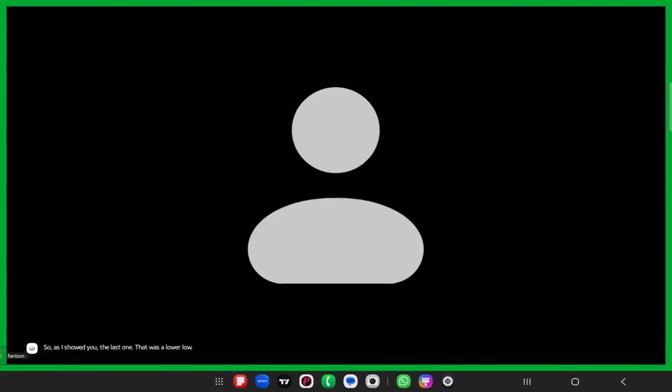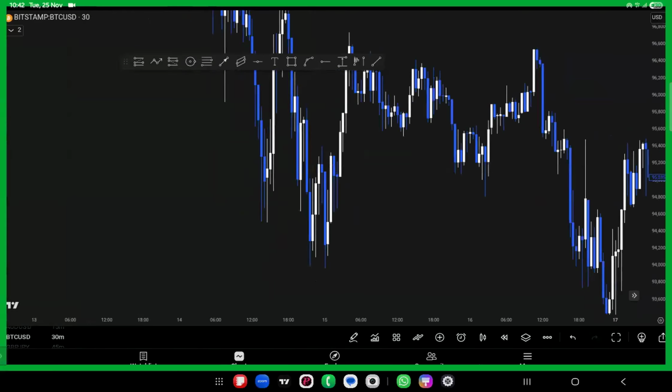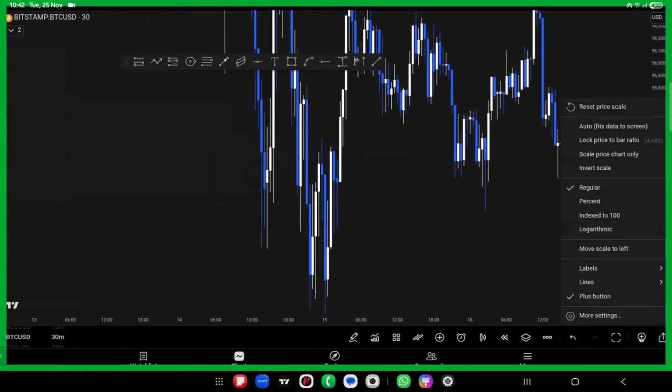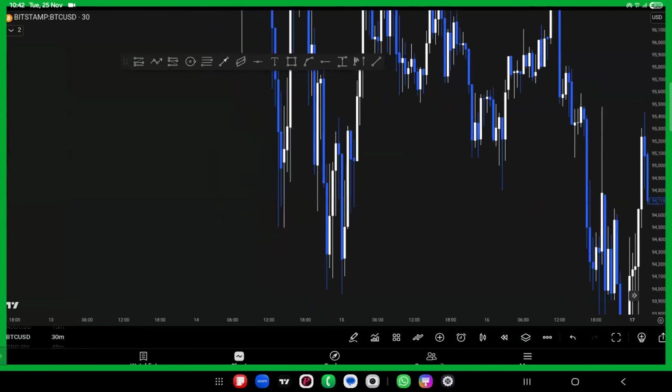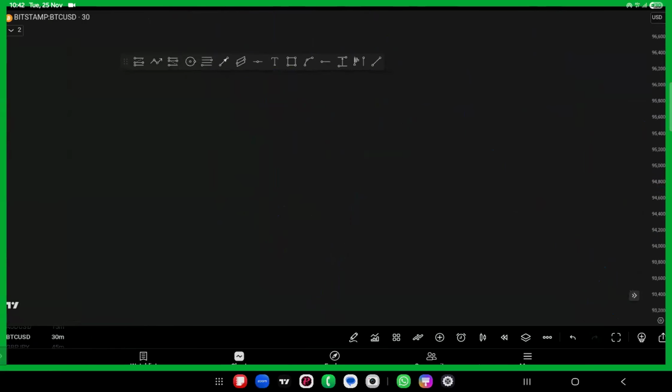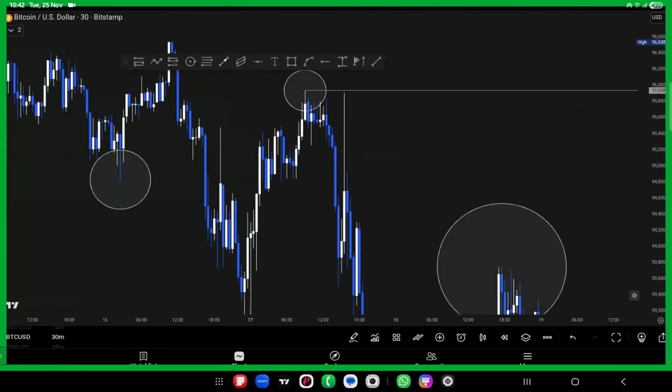That was a higher low, not a lower high. The one where we have two lows, but the previous low is higher than the recent low. How did you classify it? Higher low.